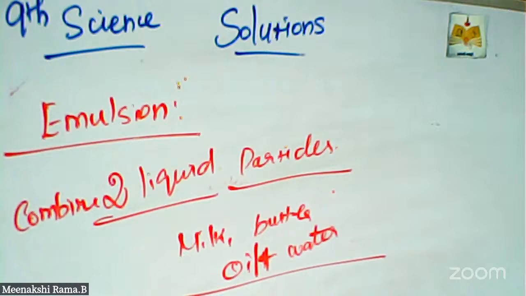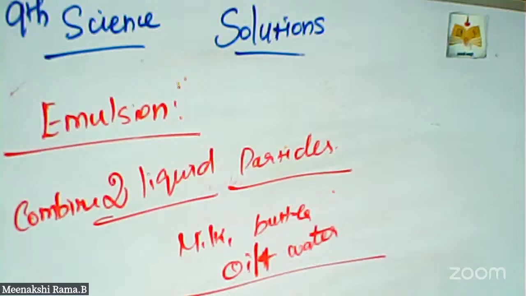We can observe different kinds of color in that place. The oil is not mixed into the water, so it floats on that area, so we can see different colors in that place. That is the best example of emulsion. So the oil droplets are dispersed in water, floating in that place. It is not mixed into the water. So this is a good example of emulsion.